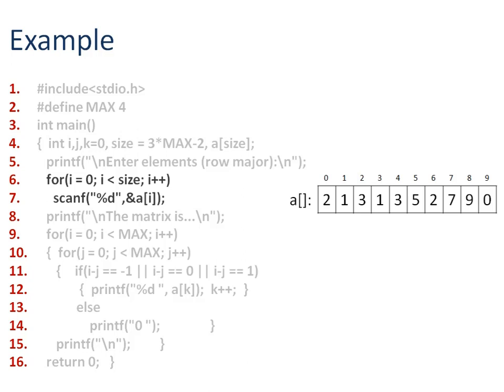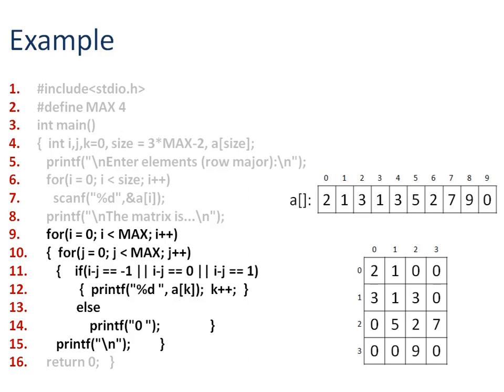Again, while retrieval, we have to take care of the three conditions which are specified at line number 11. If these conditions are satisfied, the element will be printed, else we have to print 0.